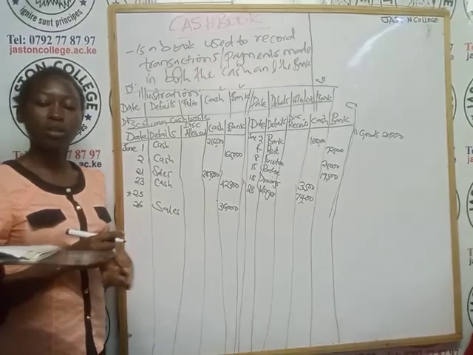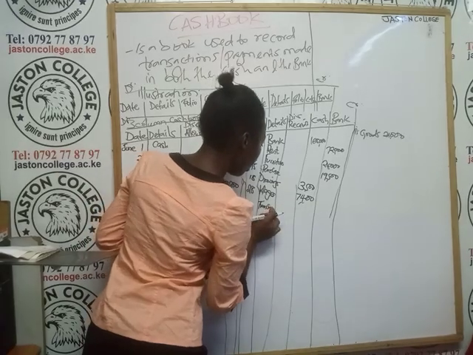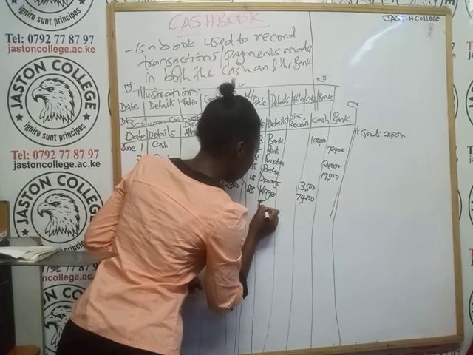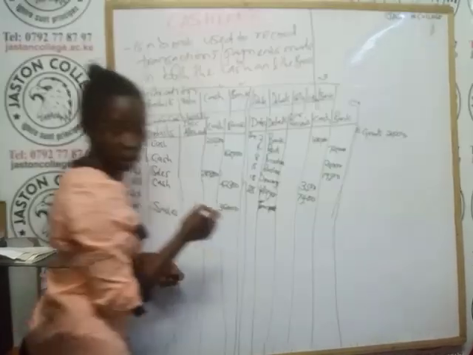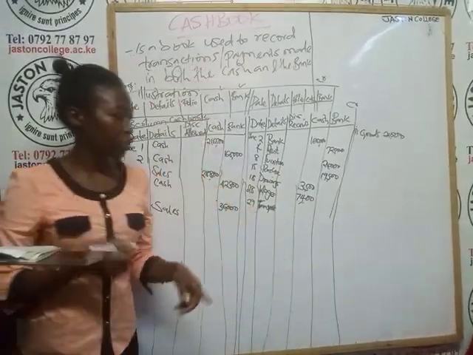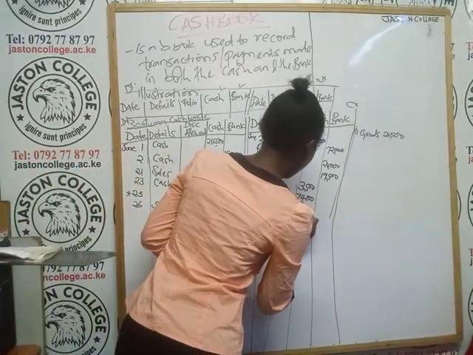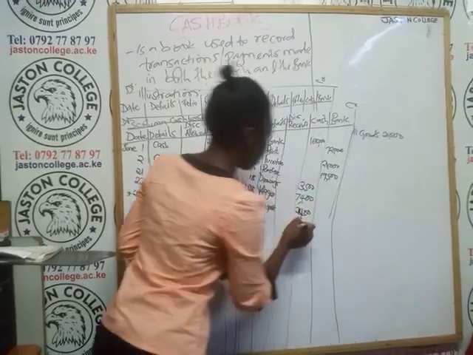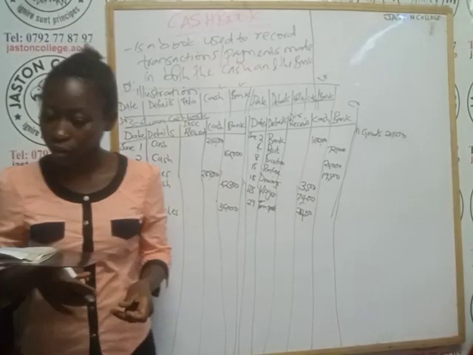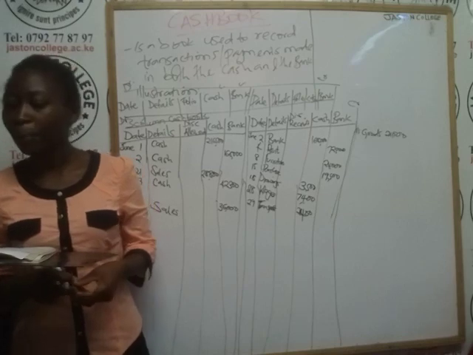There was a transportation expense, and it was paid in cash, so it reduced our cash. This was 2,400.